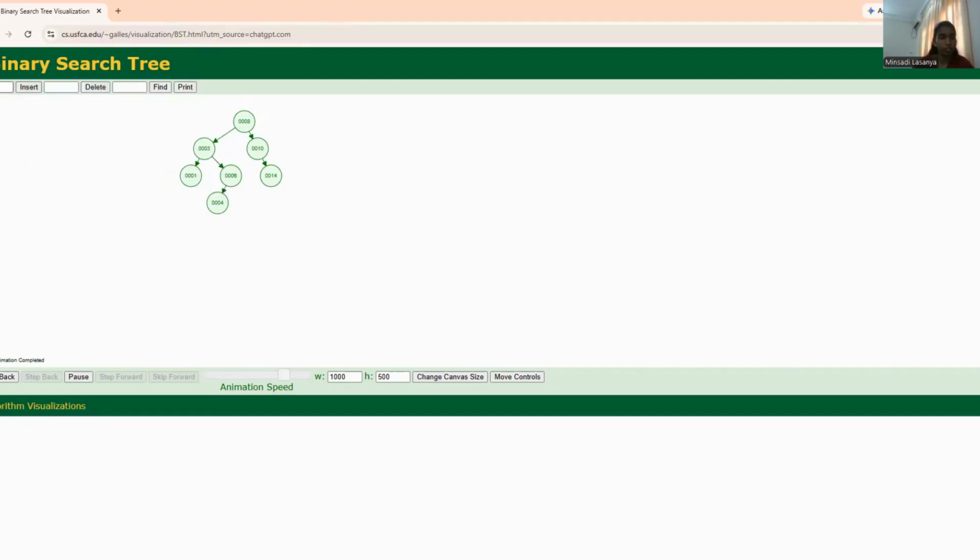Next, I insert 7, which goes to the right of 6. Finally, I insert 13, which goes to the left of 14. After all insertions, the binary search tree is successfully formed.